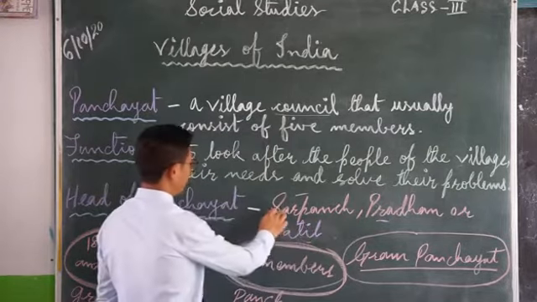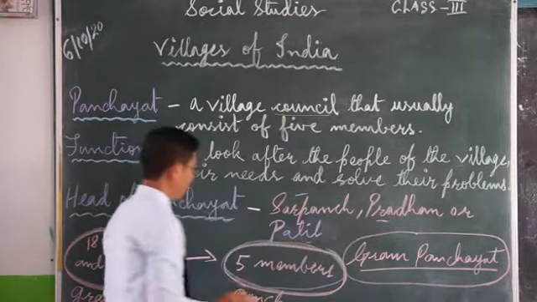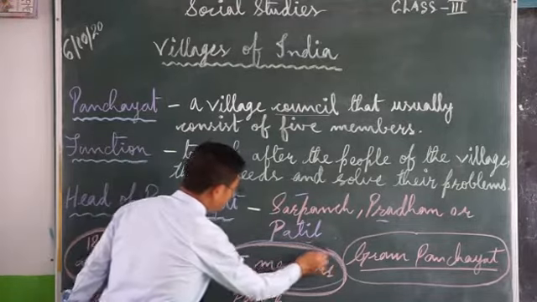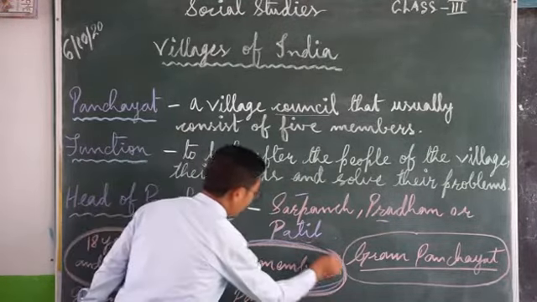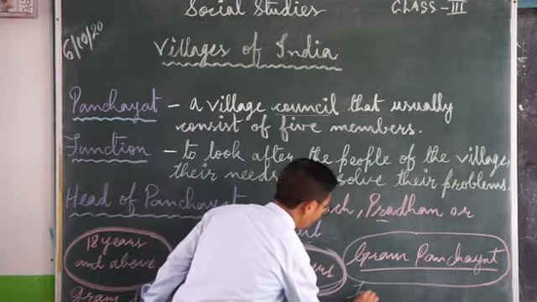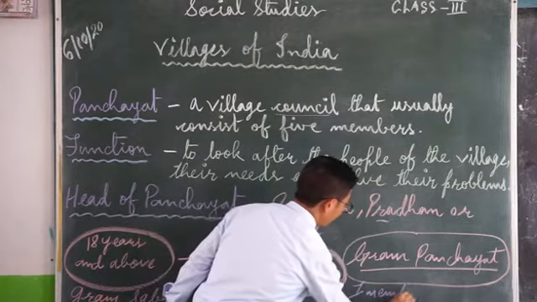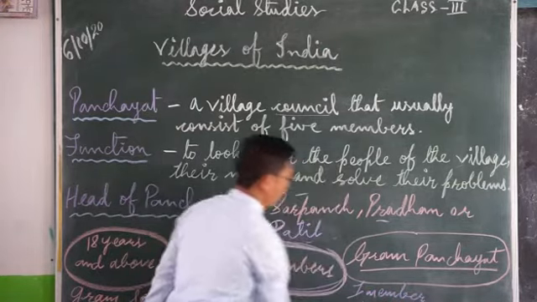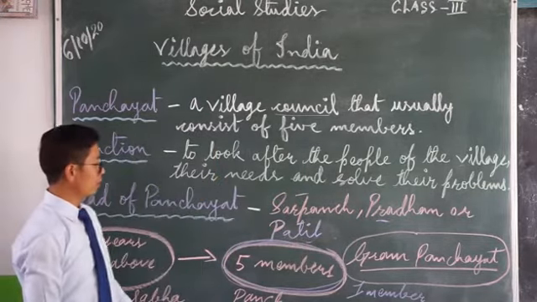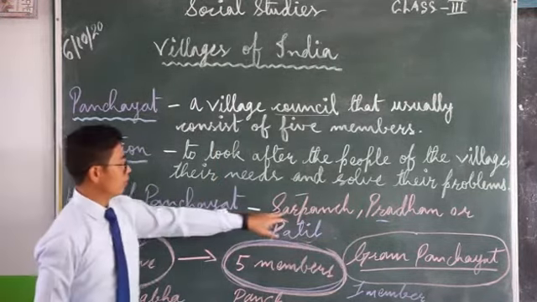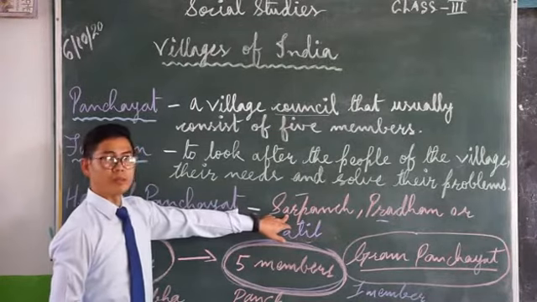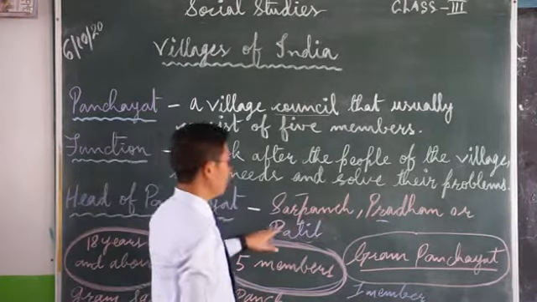Now among these 5 members, one member is elected as the head of the panchayat, which is called Sarpanch or Pradhan or Patil.